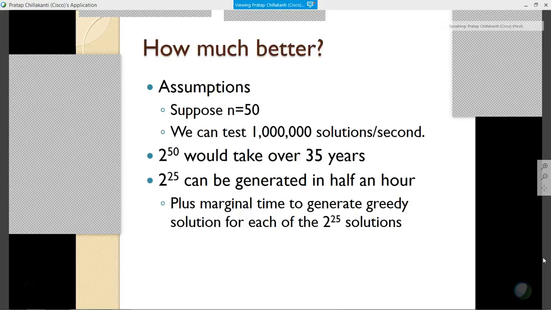Suppose n equals 50, there are only 50 items. 50 is not much. And your computing power is 1 million solutions per second. So you can see 2 raised to 50 takes 35 years, and 2 raised to 25, half of that, can be done in half an hour.